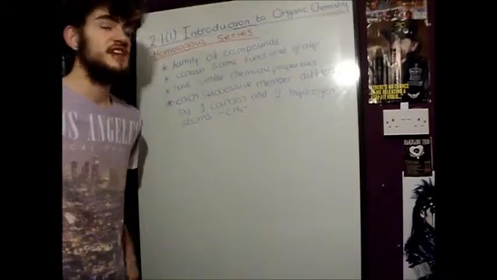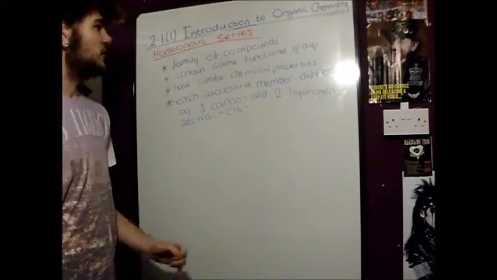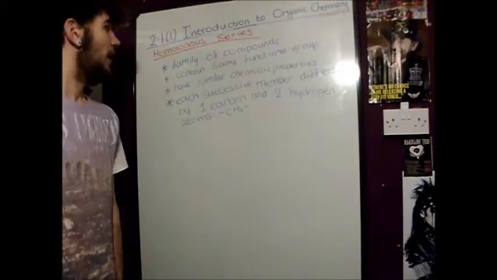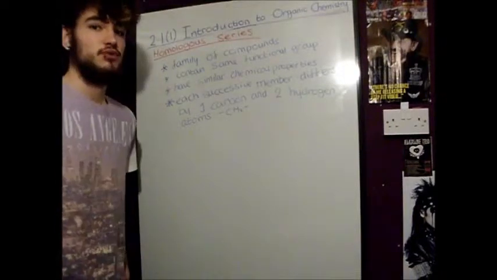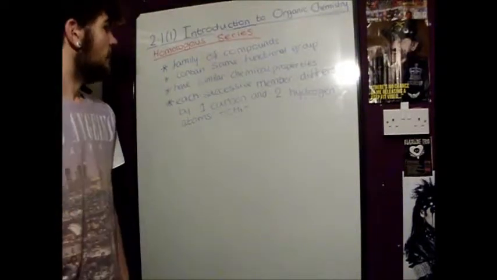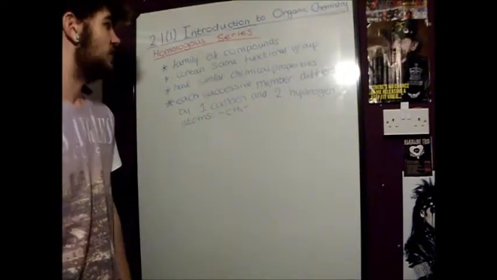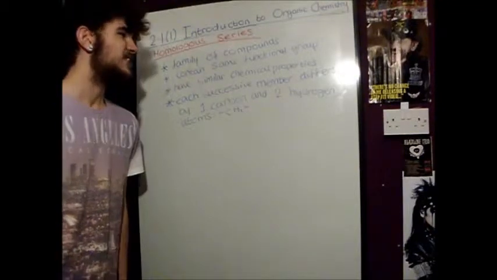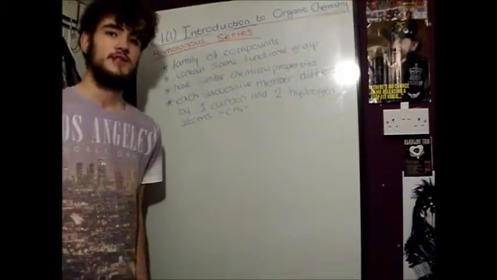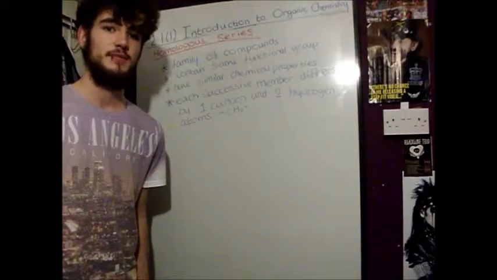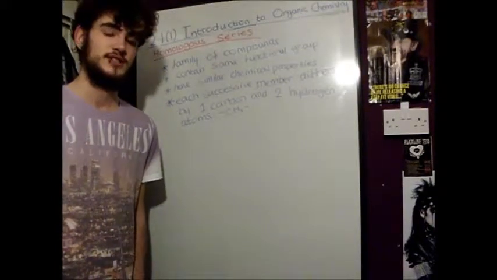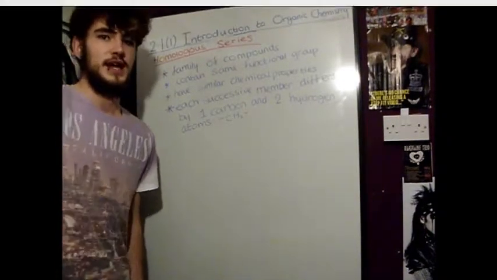A homologous series is a family of compounds. They contain the same functional group, they have similar chemical properties, and each successive member differs by 1 carbon atom and 2 hydrogen atoms, which is a CH2 group.